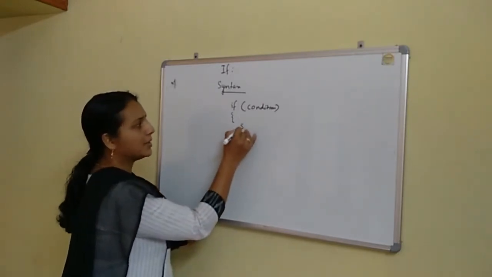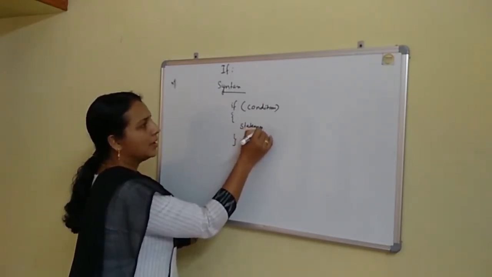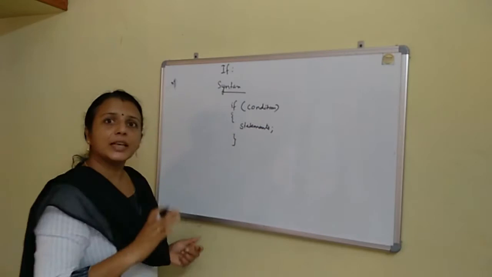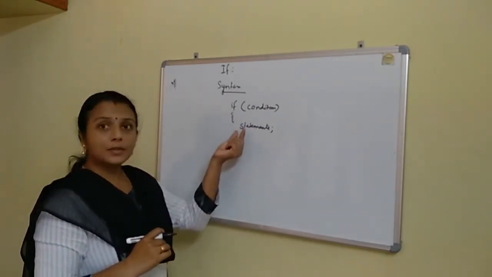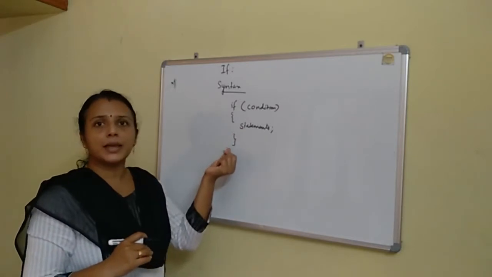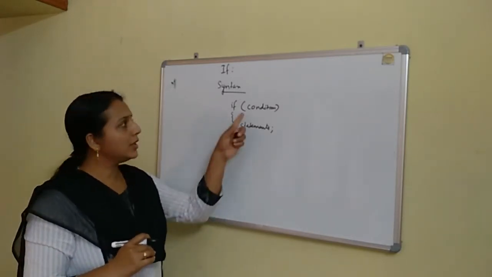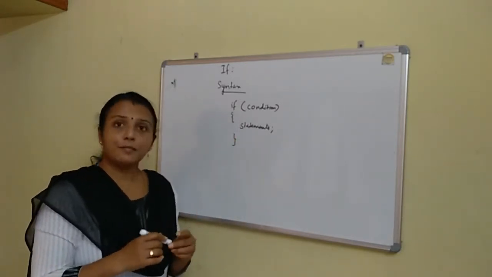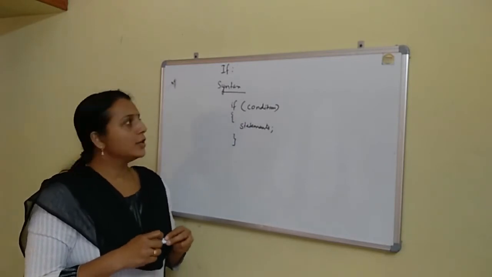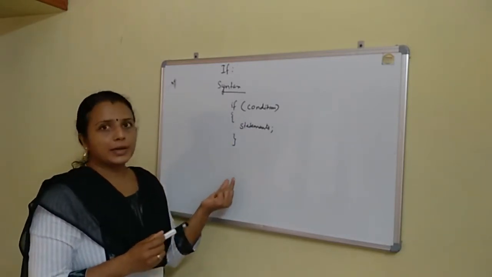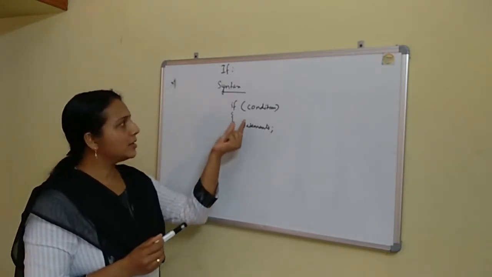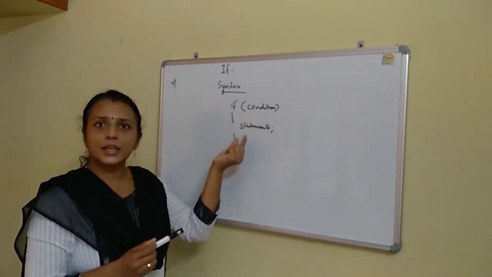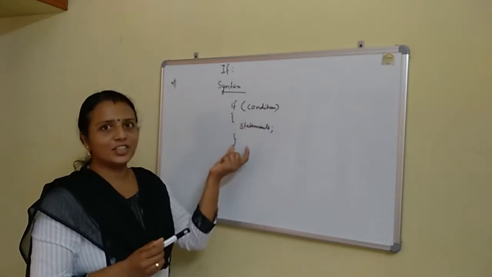It may have a single statement or a number of statements. Those statements within these curly brackets will get executed when the condition of this if block is true. There is no else part here. It is a simple if condition, and these statements will get executed only when this condition is true.